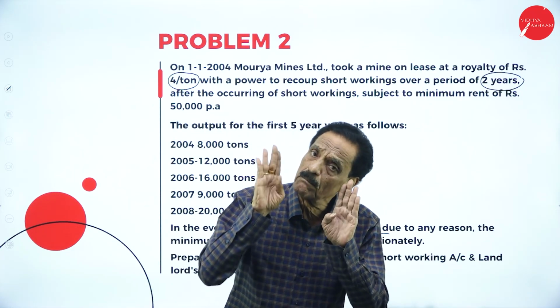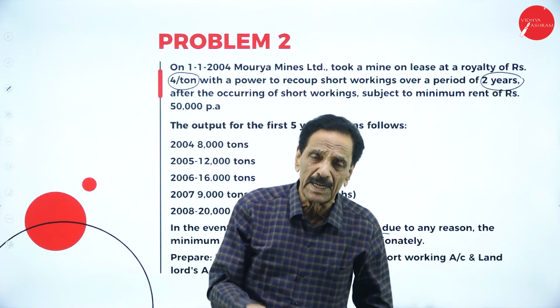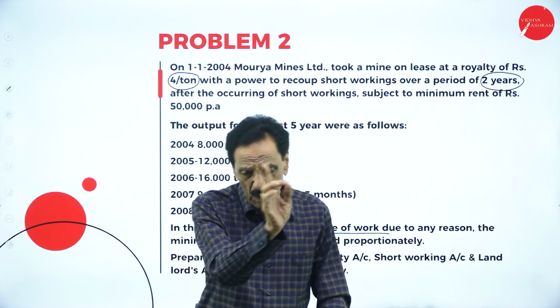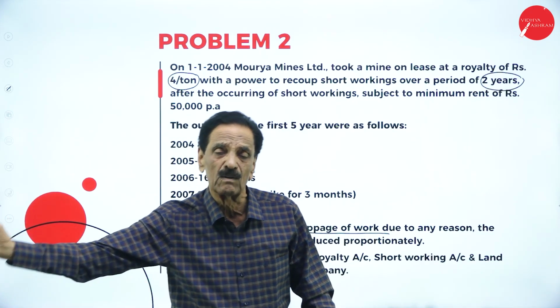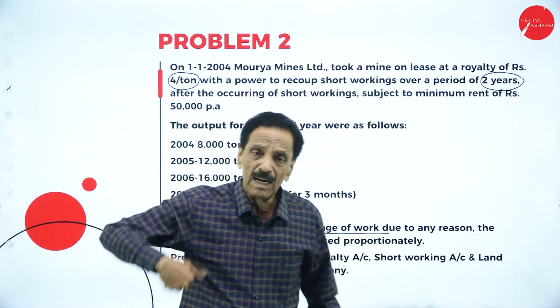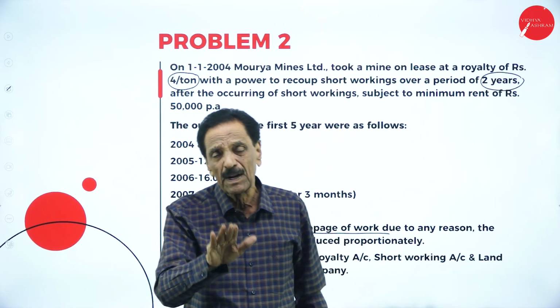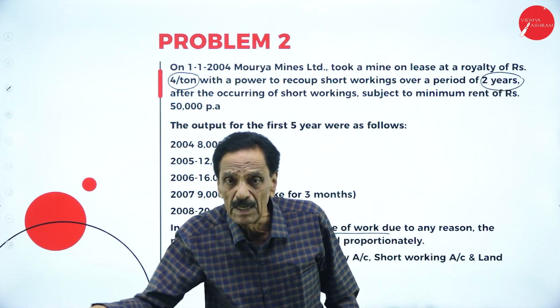When minimum rent is more, when the royalties are more, what would have been the entry? First entry, royalties account debtor to landlord account and to short working account. Second entry, landlord account debtor to bank account. Third entry, production or profit and loss account debtor to royalties account.